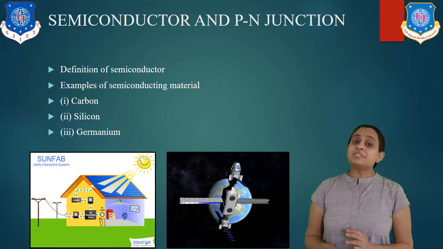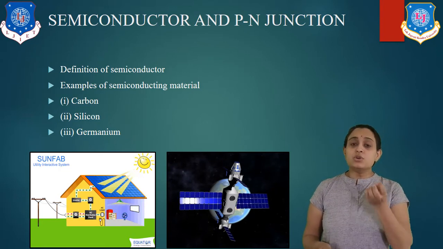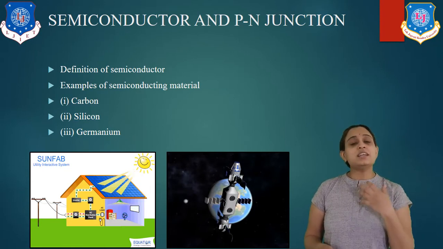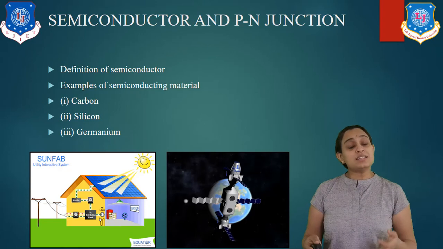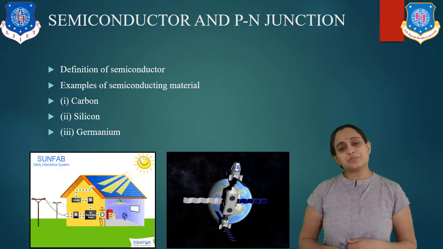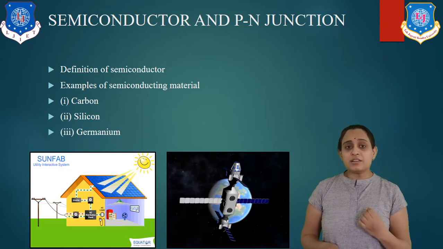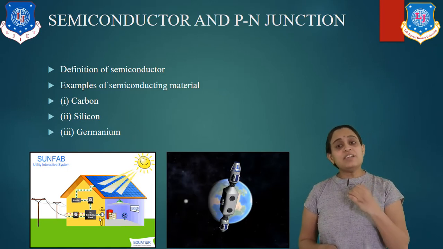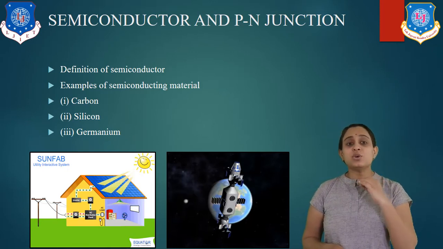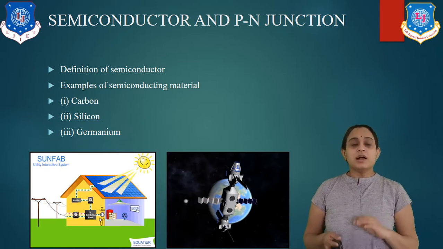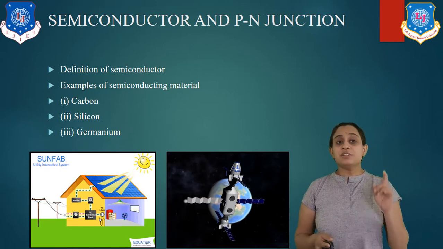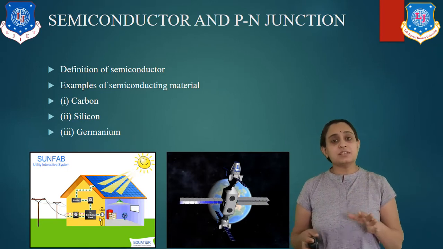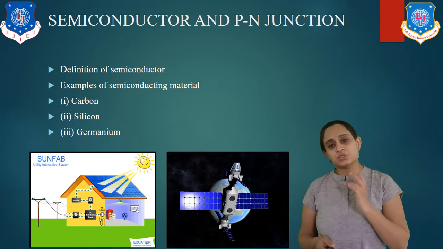Now, if a semiconductor is doped with donor impurities, increasing the number of electrons in the conduction band, it is known as N-type material. If the semiconductor is doped with acceptor impurities, leaving excess holes, it is known as P-type material. A piece of semiconductor with one side P-type and the other N-type is called a P-N junction.